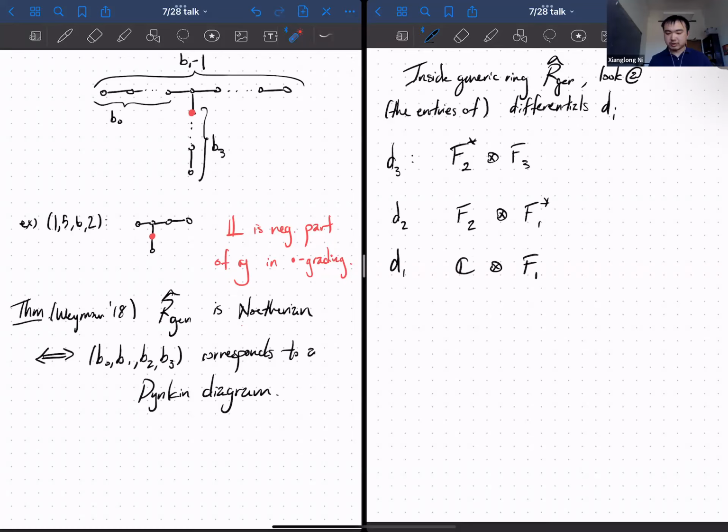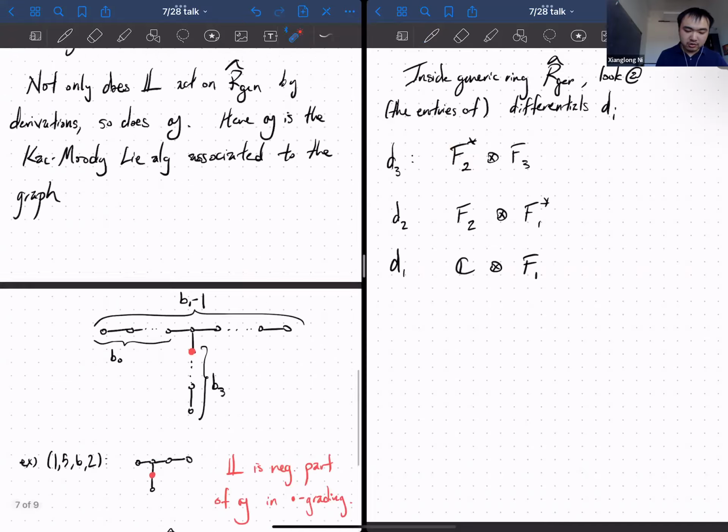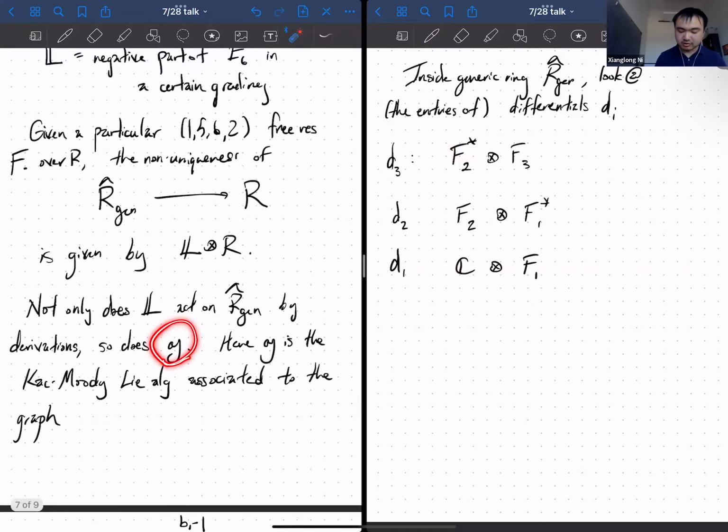So these are the representations of GL(F_i) inside of this ring, spanned by the entries of these differentials. But since I know that this Lie algebra acts on the generic ring, I can ask, what are the representations of G generated by these differentials?